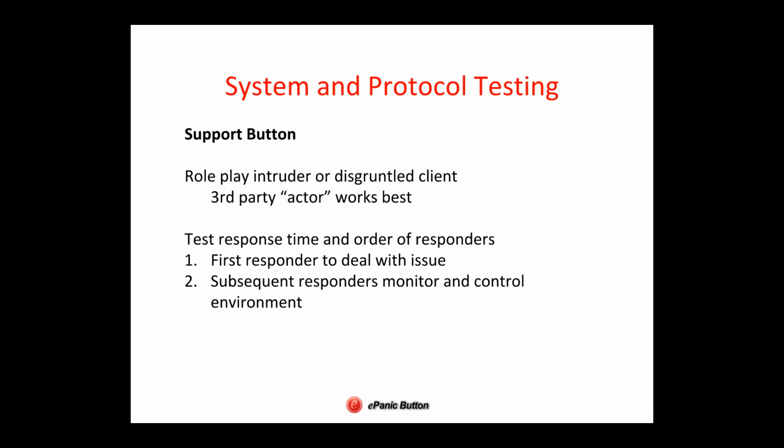Maybe someone will do this as a favor, or one of your vendors can help you, or a friend, whatever it might be, because when your coworkers are going to goof off and make a joke of it, but if you don't know the person, if they're good actors, it could work. What you want to do is test how quickly people arrive and then how they come through and handle it. Again, I've got a separate training about how to handle that.